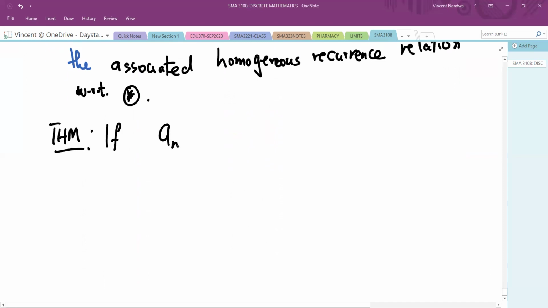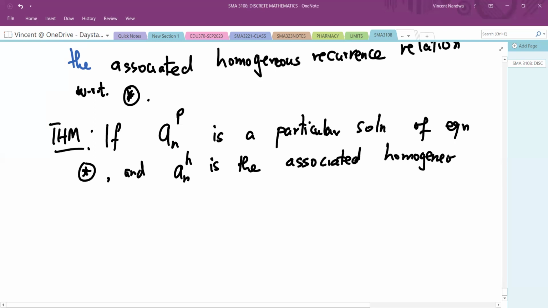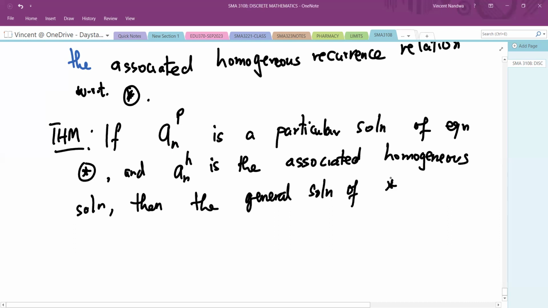So if a_n^P is a particular solution of equation star, and a_n^H is the associated homogeneous solution, then the general solution of star is a_n = a_n^H + a_n^P.